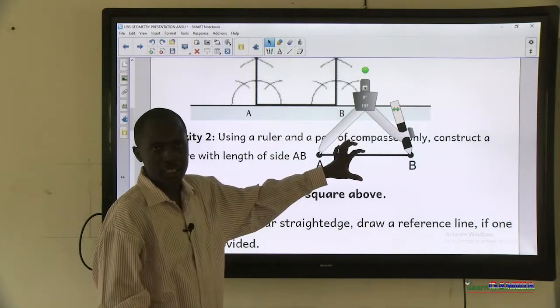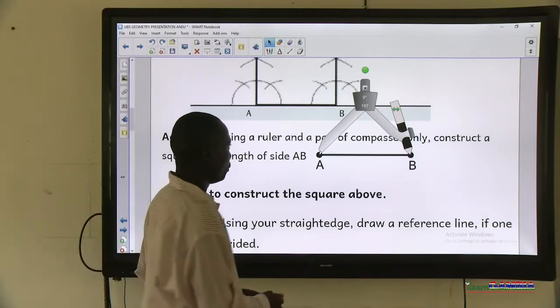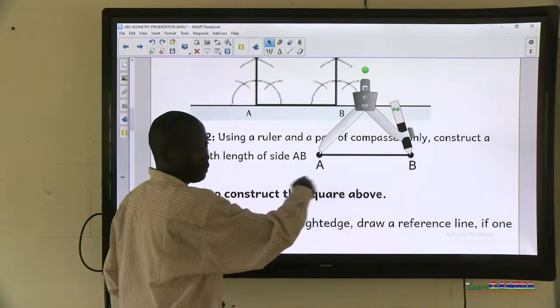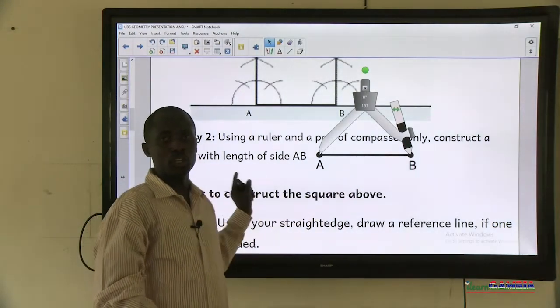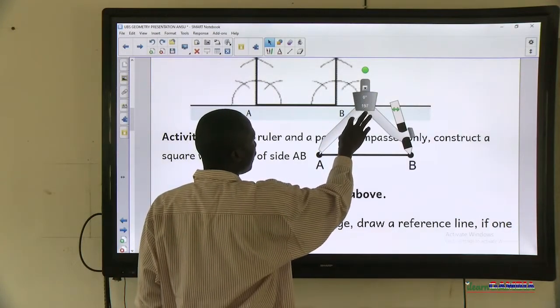That is what we take and copy on a line that we are going to draw very soon. Make sure you don't change this setting, because if you miss it here, you will not get it accurately. So take your compass and take it down.